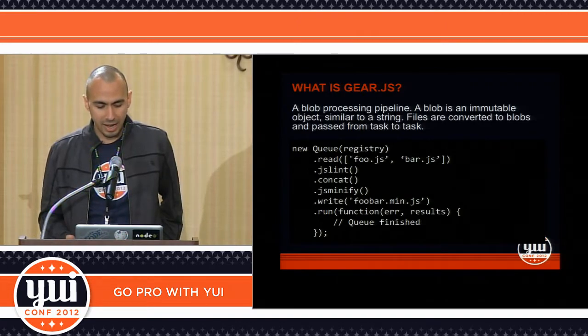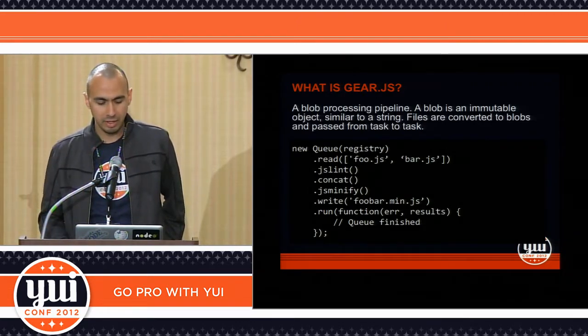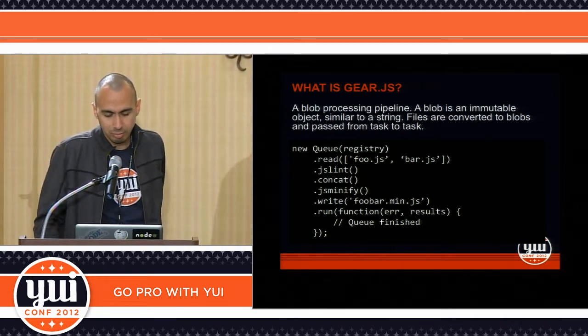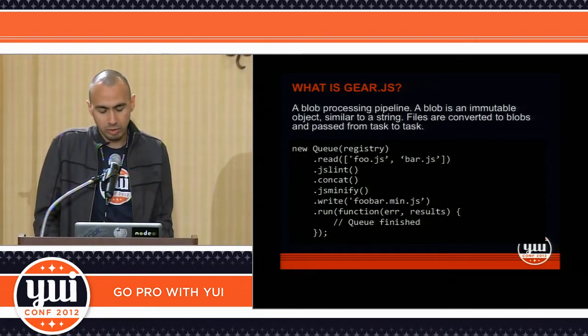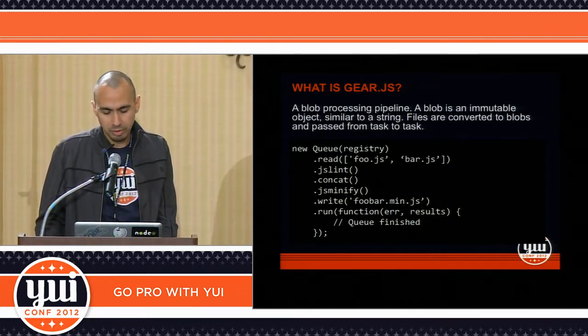And once the task has finished, it'll go on to the next, and so on until the processing has completed, at which point the callback will be called for you with either an error or results.